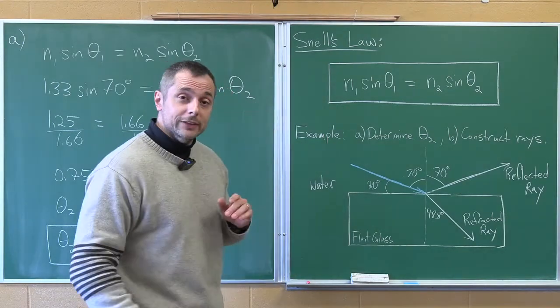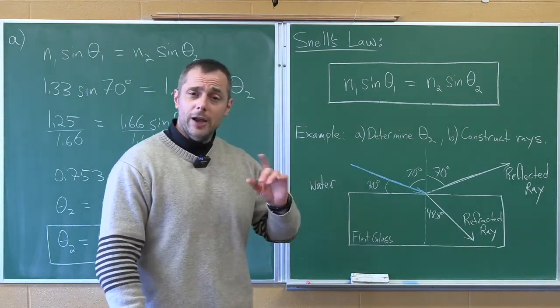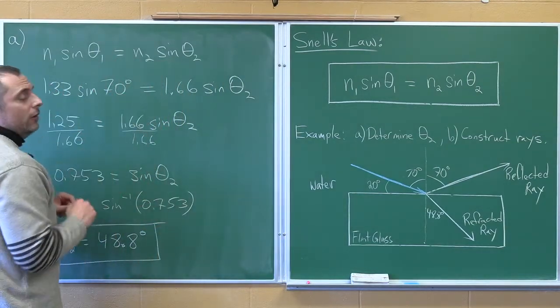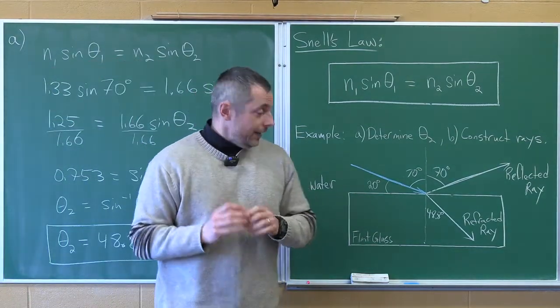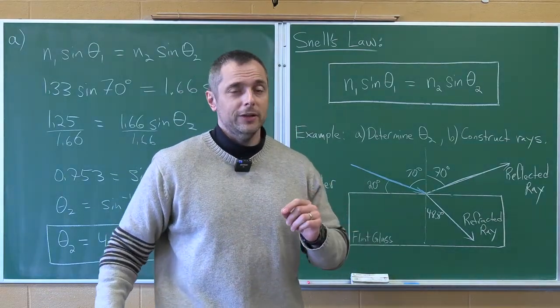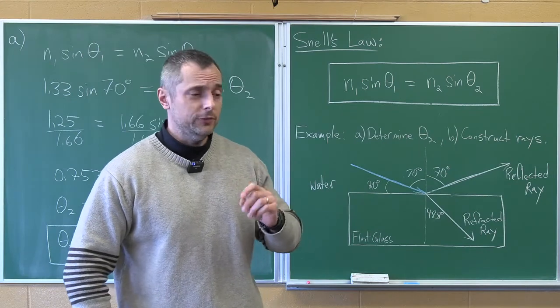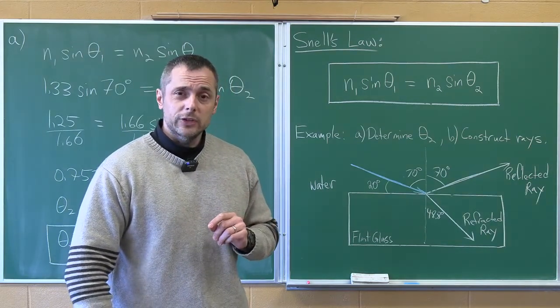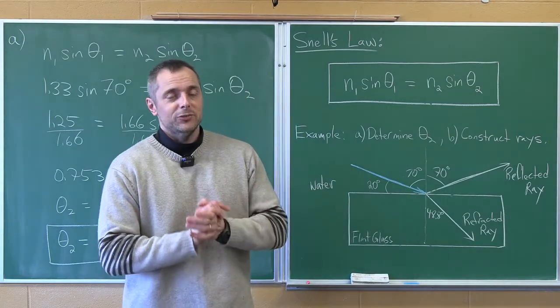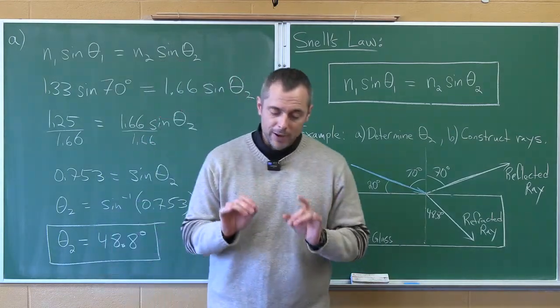This is how you calculate that second angle, whether you're going from a higher to lower index. Plug in the indices, the theta, solve for what's unknown. And of course, being able to draw these things accurately is also part of the curriculum. You have to be within a degree or two, depending on how the answer key goes, how accurate you have to be. So that's it. That's refraction.